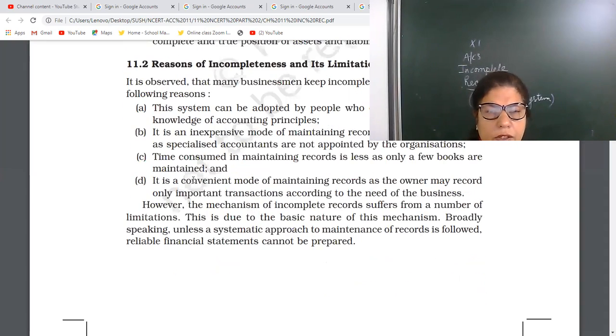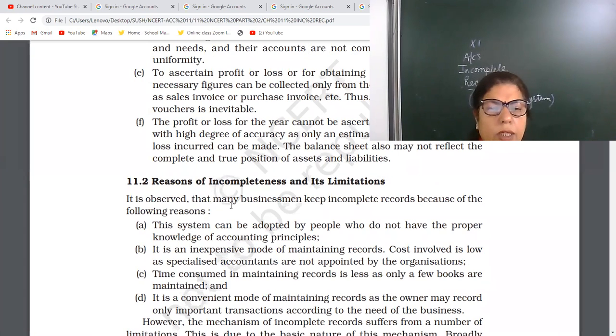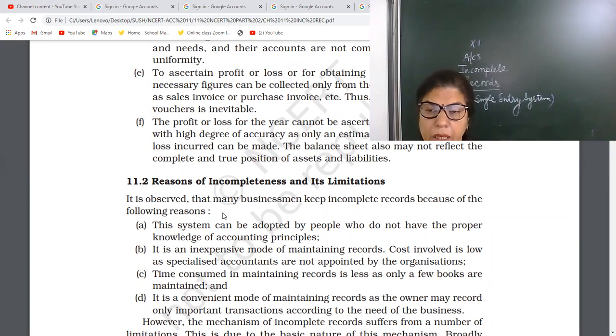Now, reasons for incompleteness. Why will the businessman keep only some accounts? What are the reasons behind the single entry system? First reason, they may not have the proper knowledge. Then it is an inexpensive mode of maintaining records, for those who don't want to spend too much, since they are working on a small scale.